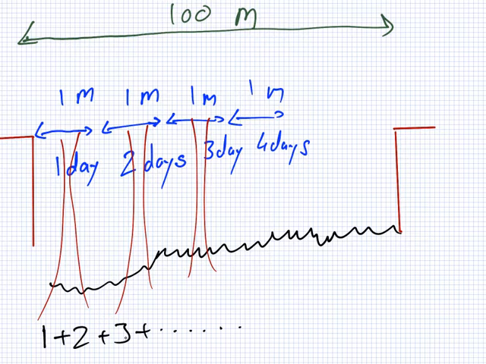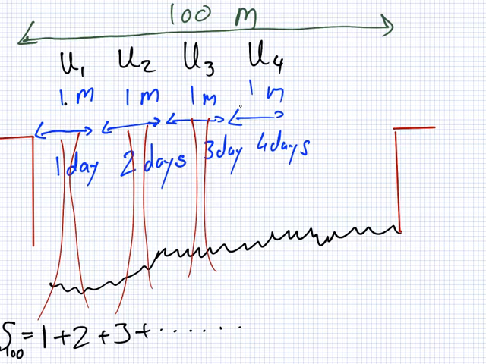Now actually you know how many terms there are. How many terms are there? It's 100 terms, because this 1 meter is like U1, and this is like U2, this is U3, and this is U4. So in total there's 100.